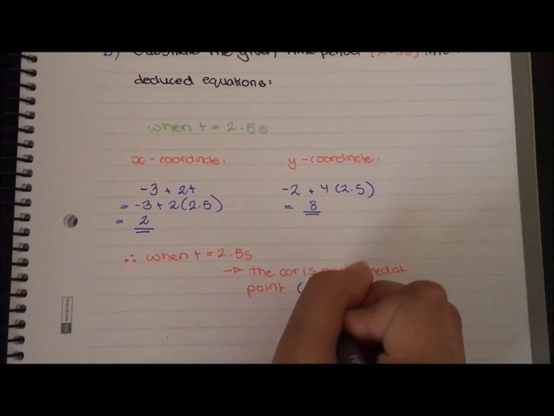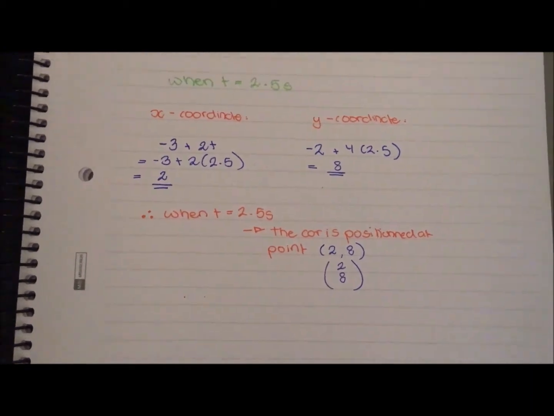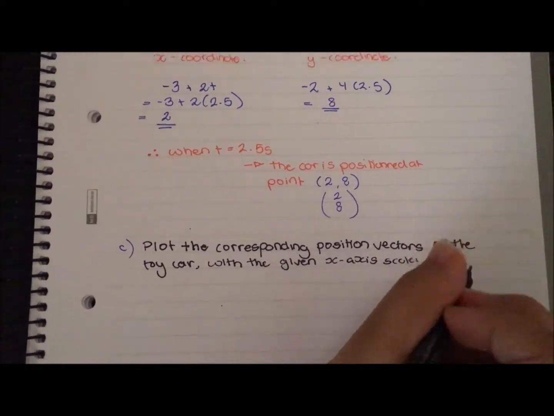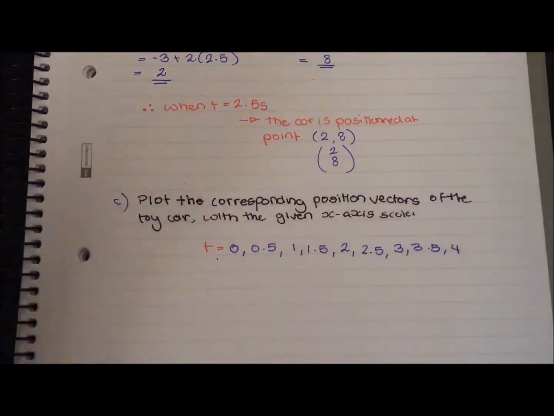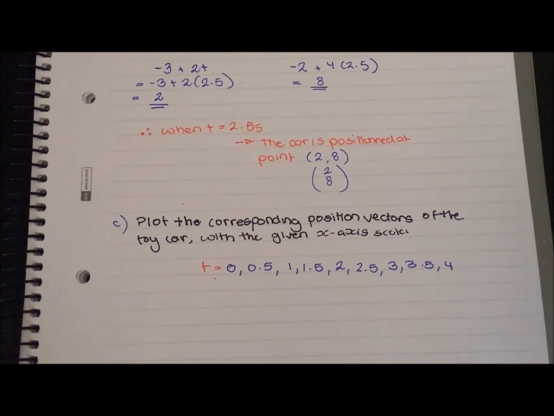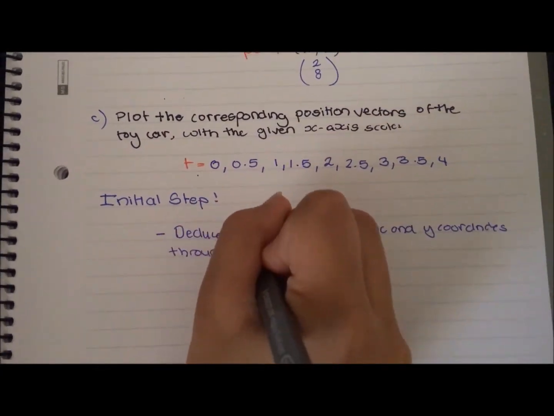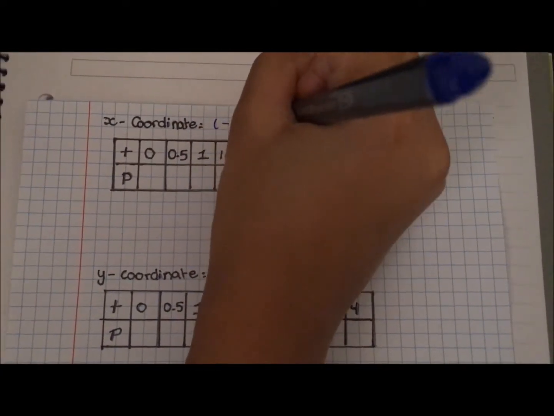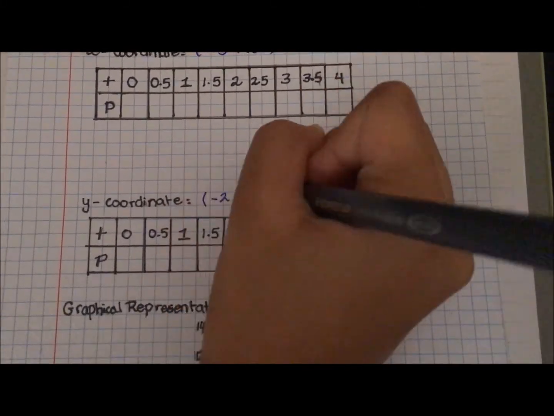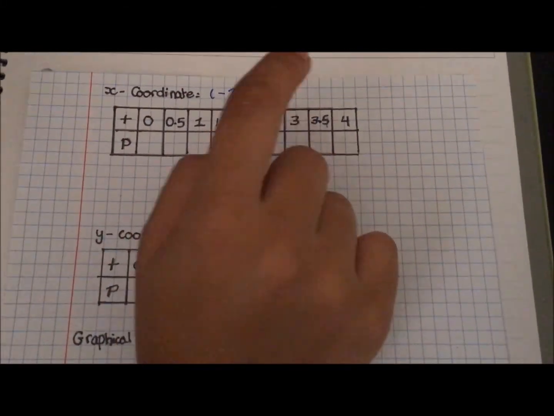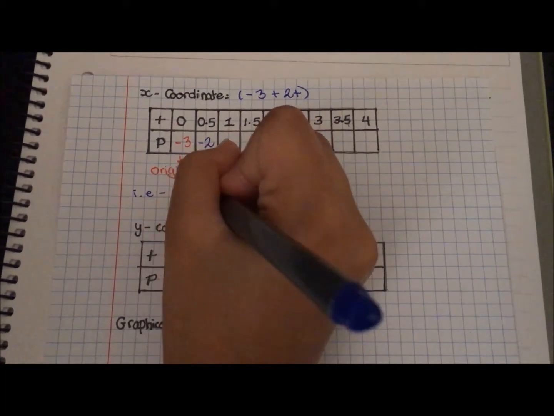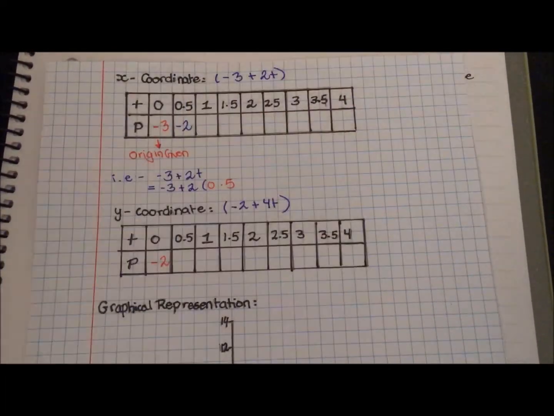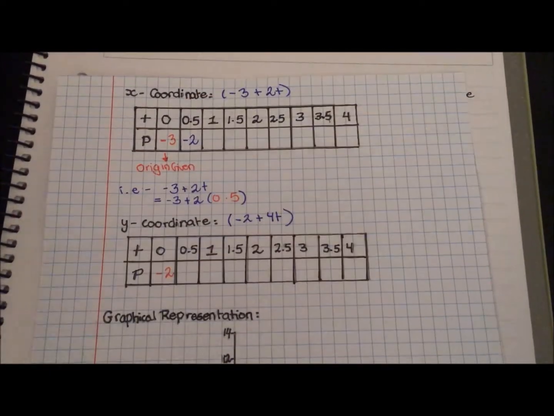In regards to the final section of this problem, we are required to plot the position vectors of the toy car for a range of t from 0 in steps of 0.5 up to a period of 4 seconds. However, to present this in a clear manner, this is to be completed by means of tables that can then be plotted as coordinates. Hence, by creating two individual tables for each equation needed to deduce the x and y terms, this is completed by substituting the given time periods into the equations as displayed, to arrive at the given position vectors.